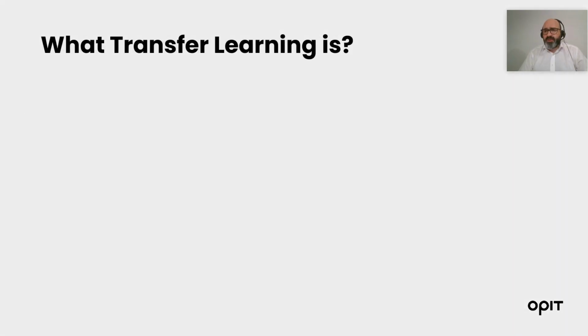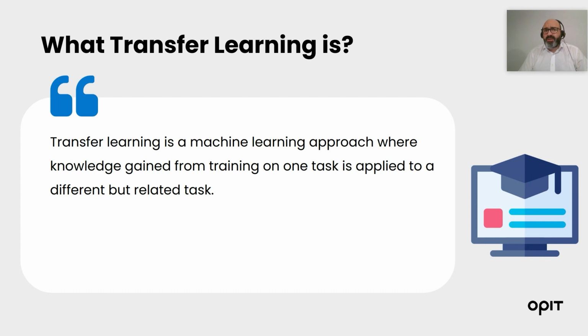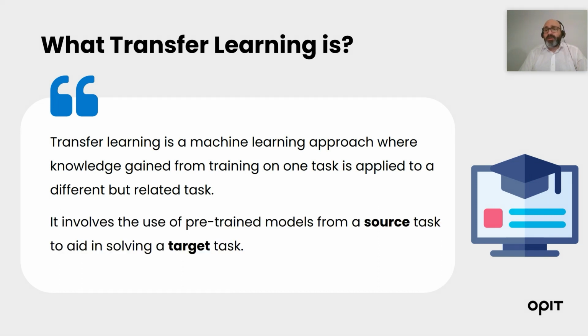What is transfer learning? Transfer learning is a machine learning approach where knowledge gained from training a model on one task is applied to a different but related task. It involves the use of a pre-trained model from a source task to solve a target task.